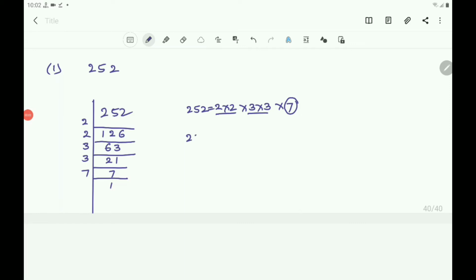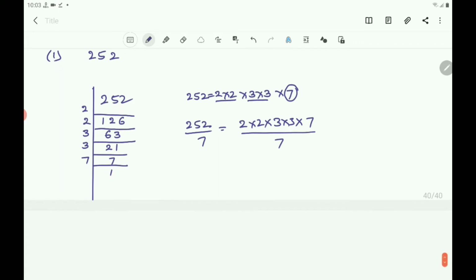That is 252 by 7 equals 2 into 2 into 3 into 3 into 7 by 7. If 252 is divided by 7, you will get 252, 7 3s are 21, 4 is remaining, 42, 7 6s are 42. So you got 36 equals, remaining 2 into 2 into 3 into 3.